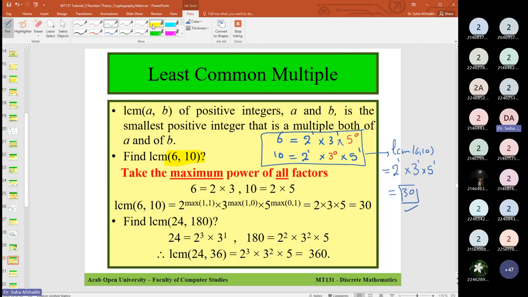We already did this example, that the LCM between 24 and 180 is equal to 360 here. Does anybody have any question?